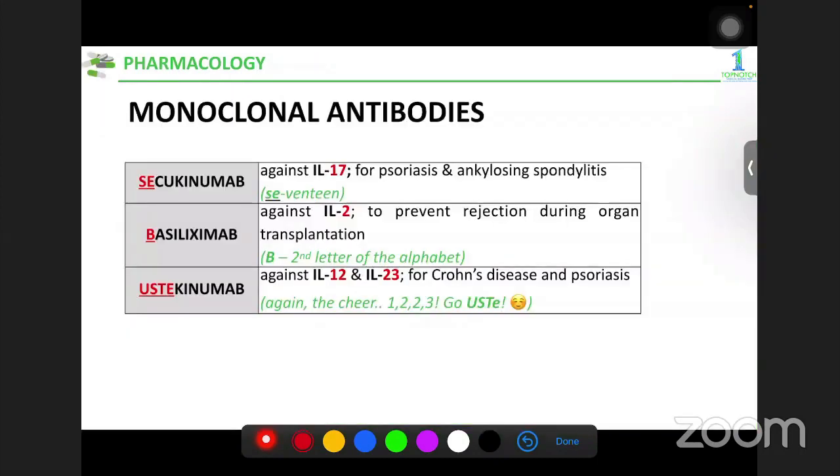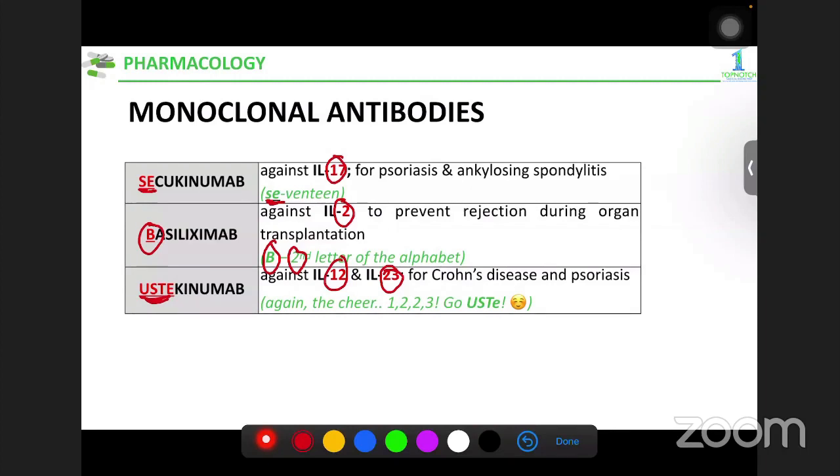Must know. Okay. Other drugs, monoclonal antibodies. How do you memorize them? Ustekinumab, secukinumab, ixekizumab. Then the second letter is "u", "s". I think what the doctor suggested is like the Paskuhan of UST in December, the 23rd. I think that's better than my corny one, like 1, 2, 2, 3, go! Ustekinumab. So that's my mnemonic for this.